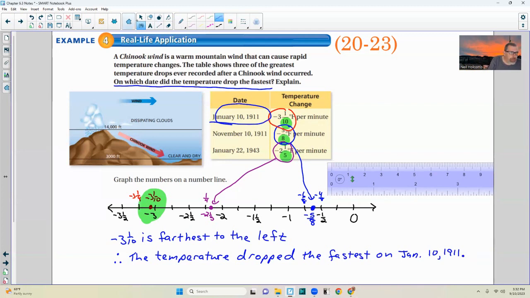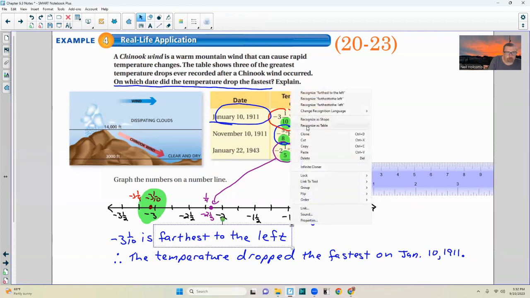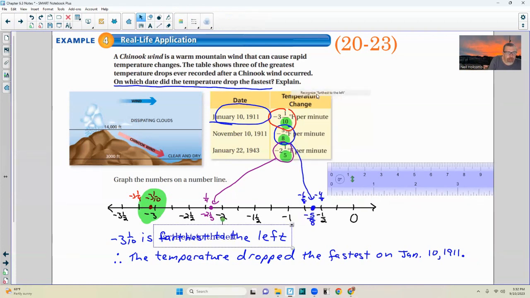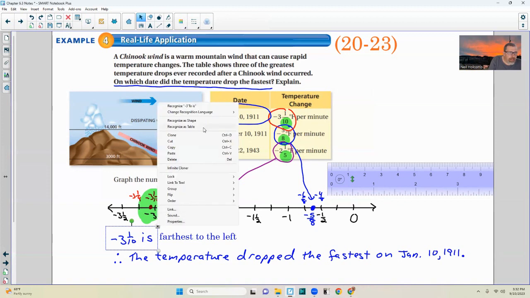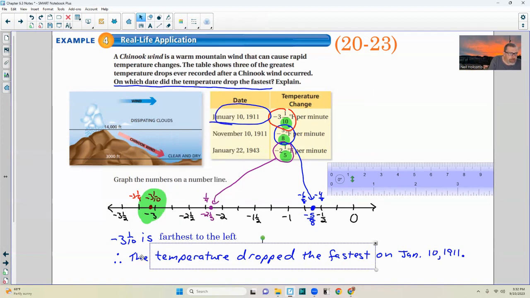Okay, and so let me see if I can make this more legible too. I don't really need to do this, but it just makes it neater.